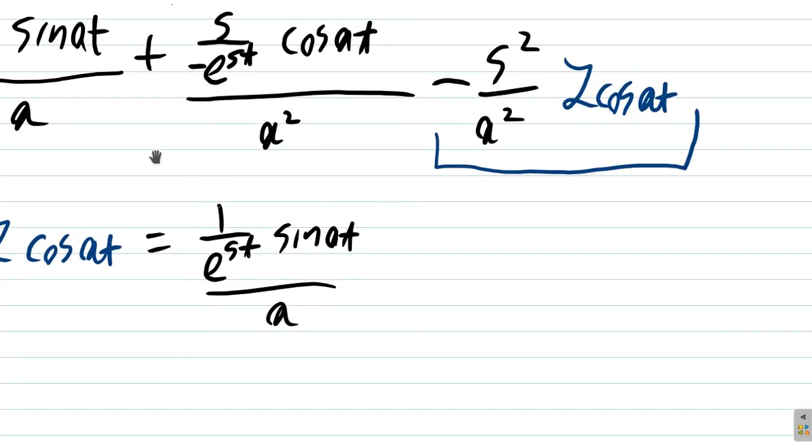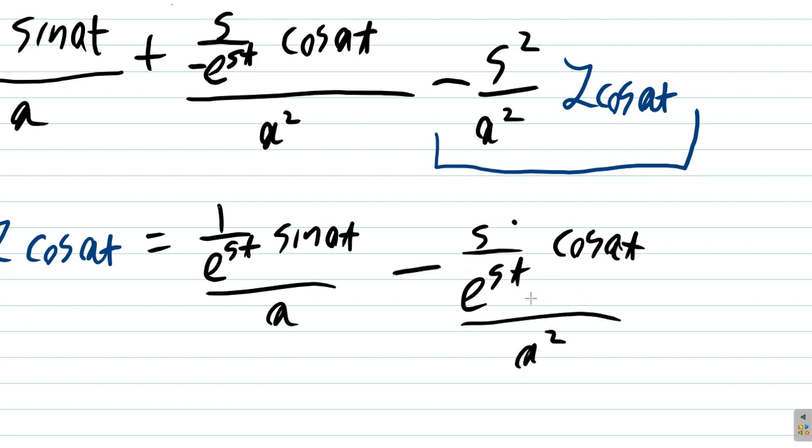Alright. Now since we have a minus here, because it says s divided by a negative e to the st, we're going to have minus s over e to the st cos at over a squared.